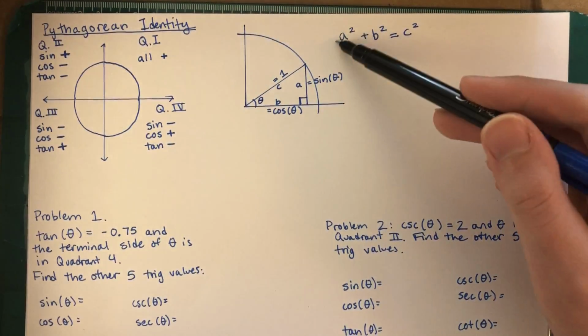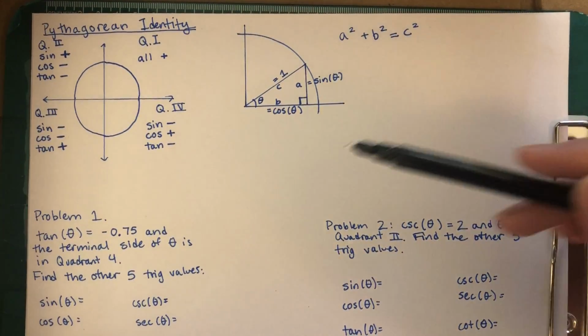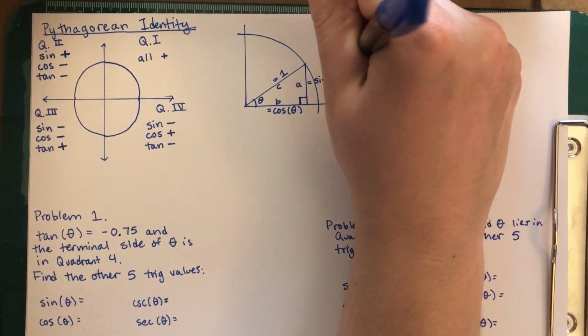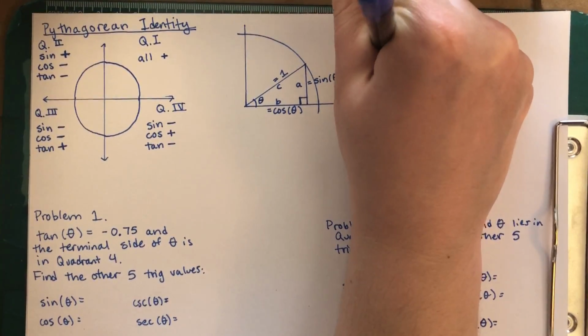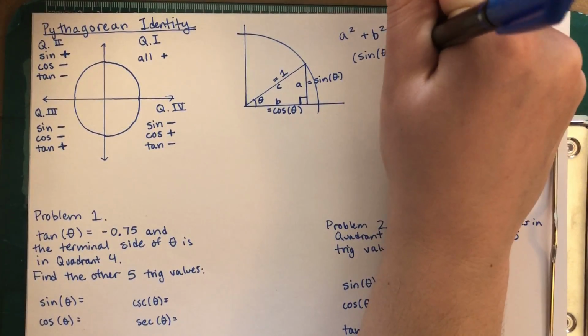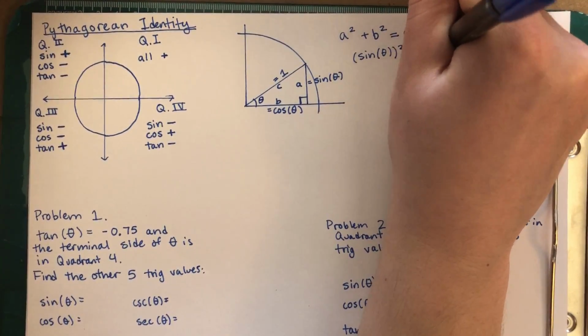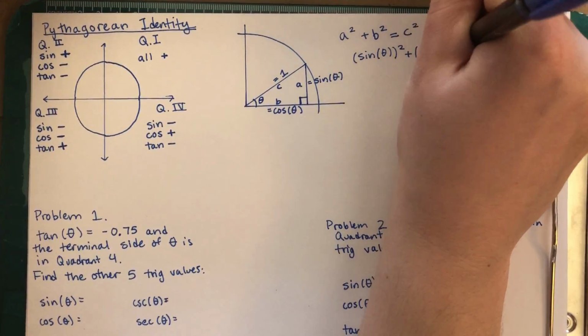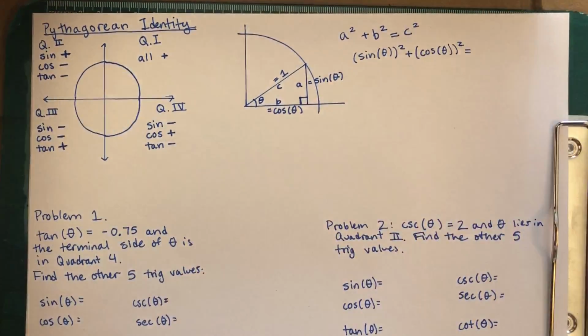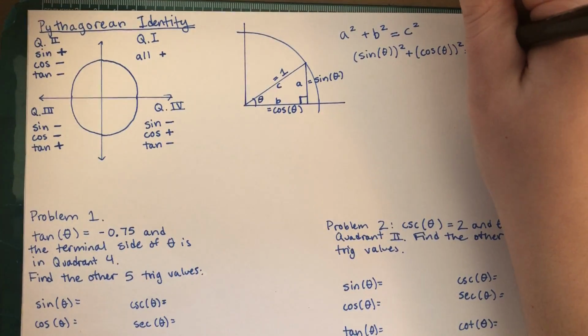So I'm going to take the Pythagorean theorem, and instead of A, I'm going to substitute in sine of theta. Instead of B, I'm going to substitute in cosine of theta. And then instead of C, I'm just going to write 1.